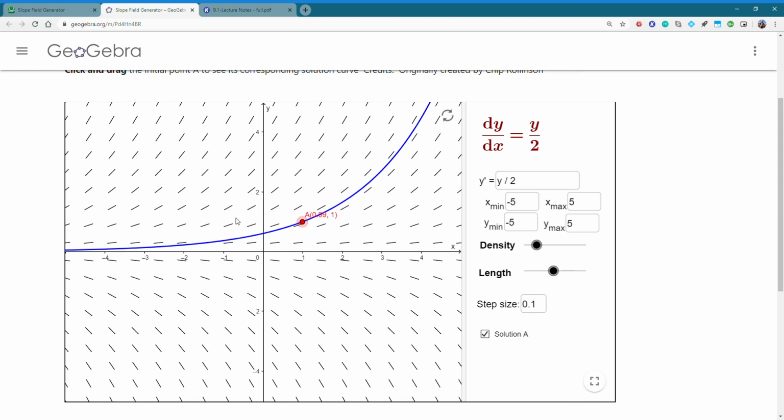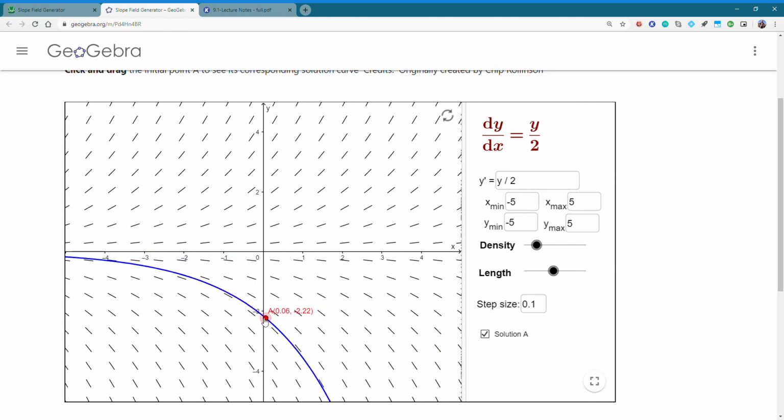One of the things that we can see here is by dragging this around, we get different solution curves, all moving through the direction field perfectly.